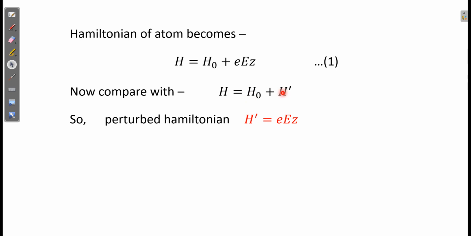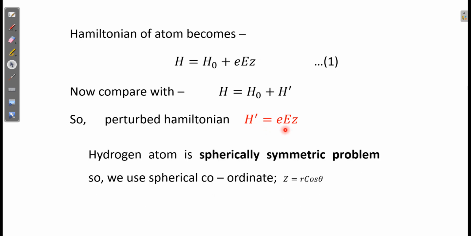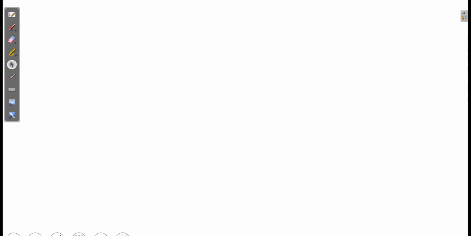On comparing the two equations, you will get H dash is equal to eEz. Since the hydrogen atom is a spherically symmetric problem in r, theta, phi, we use polar coordinates, z is equal to r cos theta. In this way, the perturbed Hamiltonian H dash is equal to eE r cos theta.